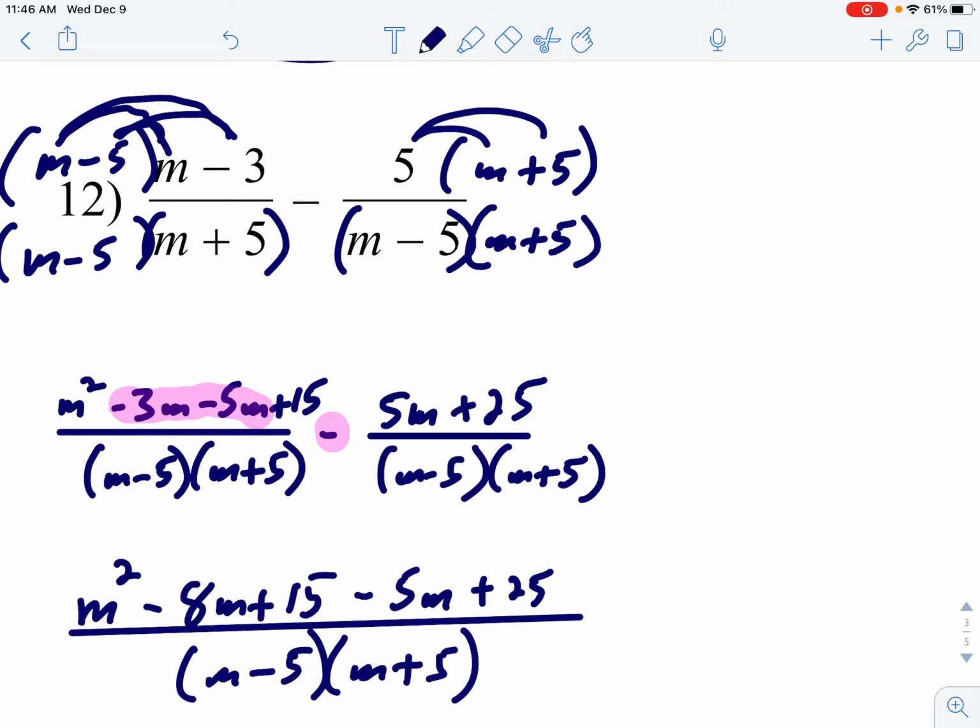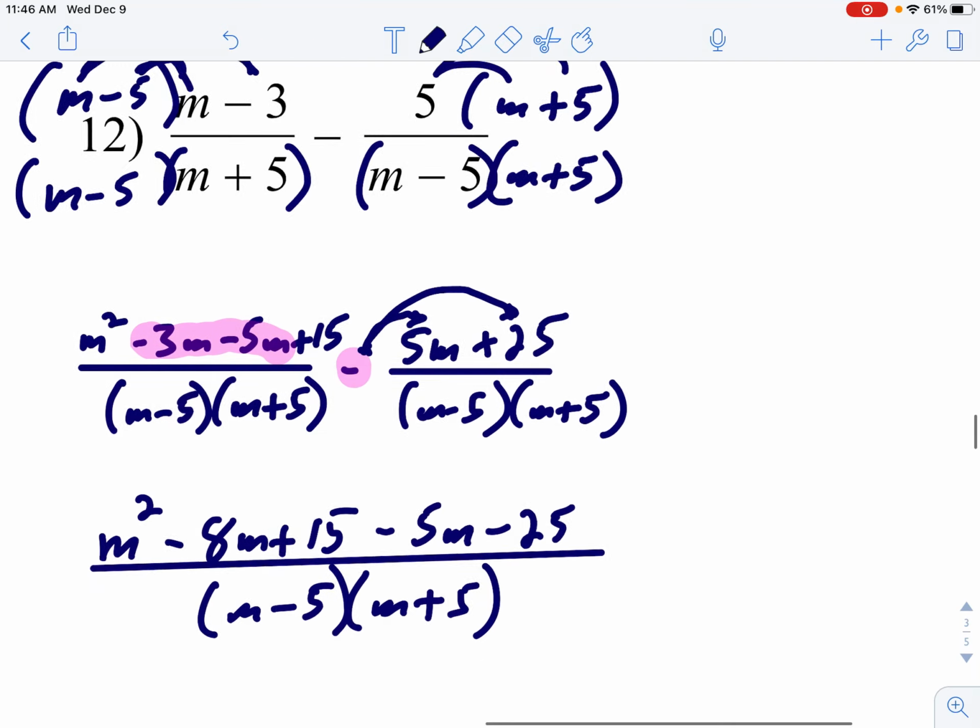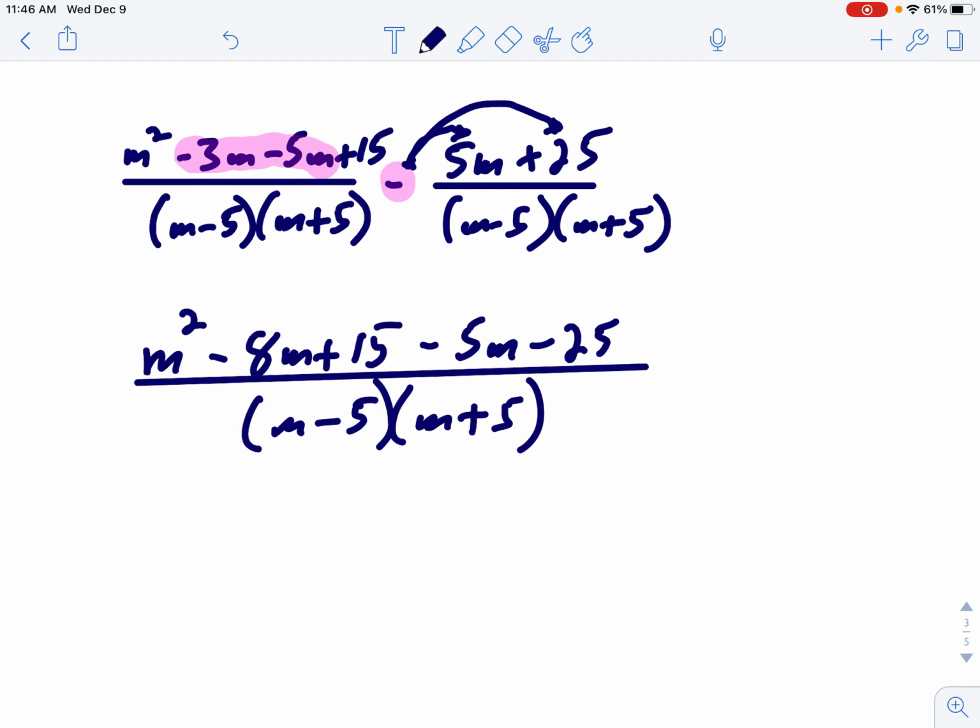The problem is that this negative applies to both of those terms. So when you bring that down, it's supposed to be negative 5m minus 25. You have to distribute or apply that minus sign to the 25 as well. And now when you finish it up, m squared minus 8m minus 5m is going to be minus 13m.